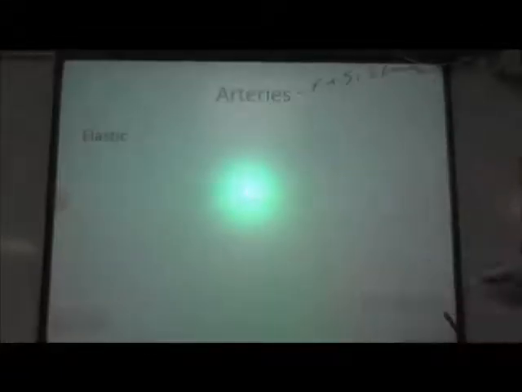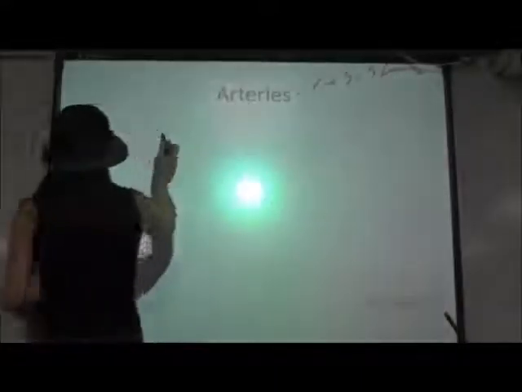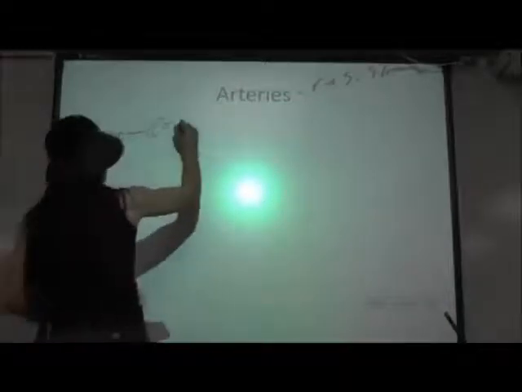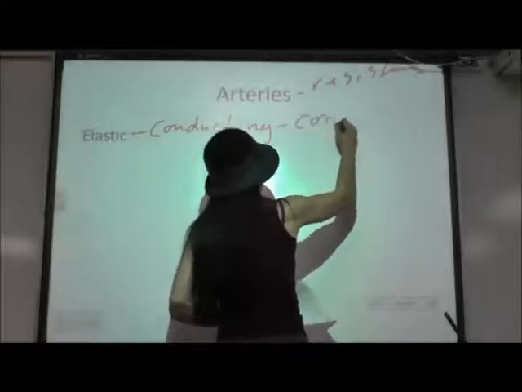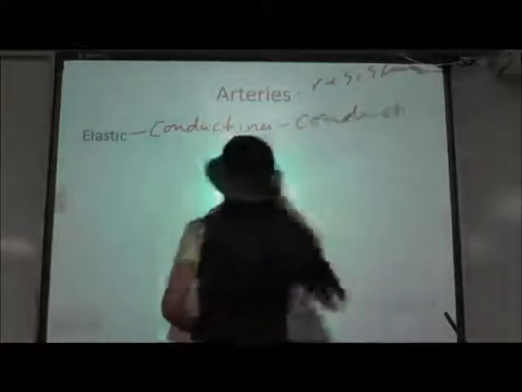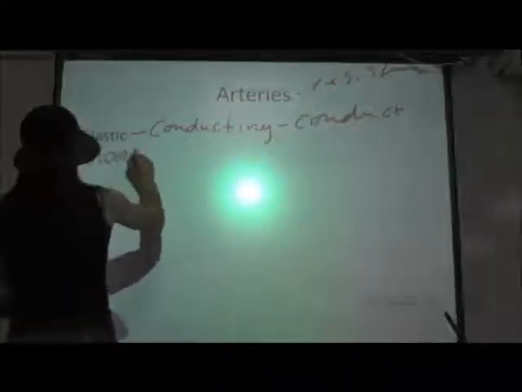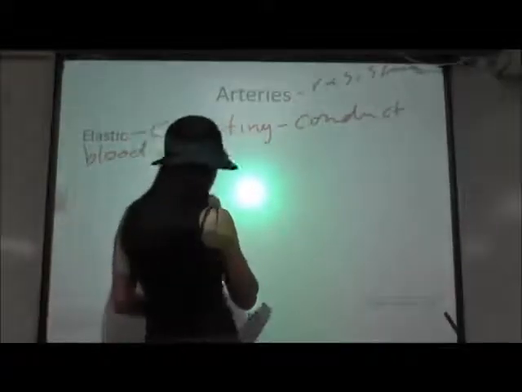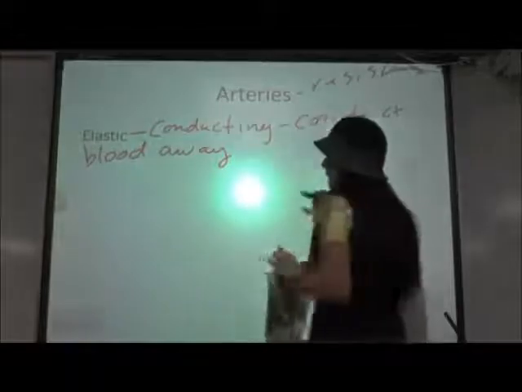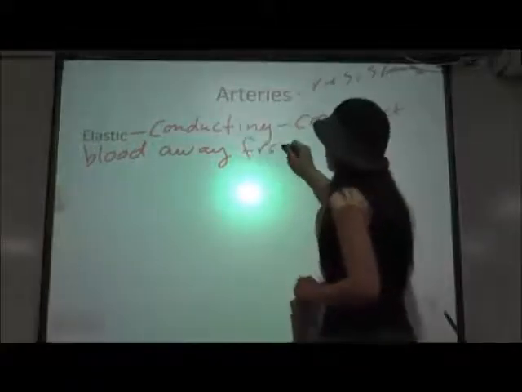And the first type of arteries that are exiting our heart are called elastic arteries. These are also called conducting arteries because they're conducting blood away from the heart. We call them elastic arteries because they have a high proportion of elastic connective tissue, which allows them to resist blood pressure.